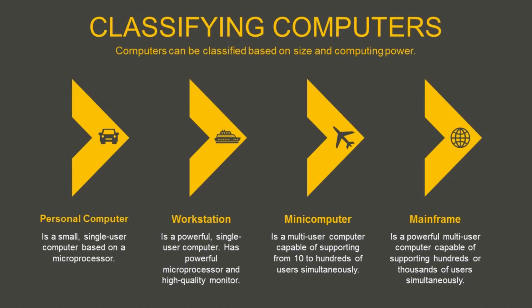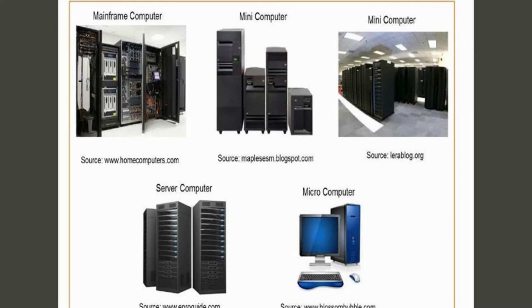So next one is the mainframe computer. A mainframe is a powerful multi-user computer capable of supporting hundreds of thousands of users simultaneously. Here is an example of a mainframe computer.